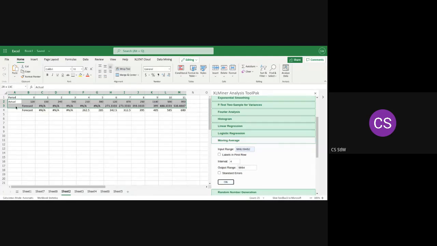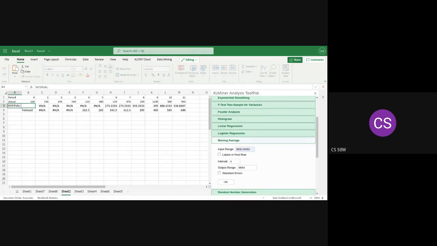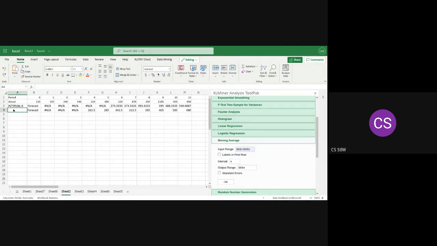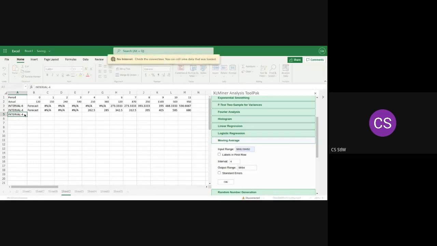Yes, it has added. To guide yourself, interval is equal to 6, then interval is equal to 4 in this case, and then interval is equal to 2, which I now want to do.